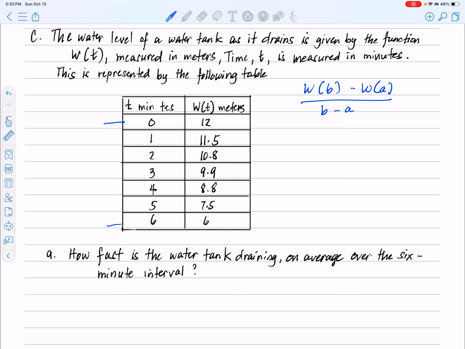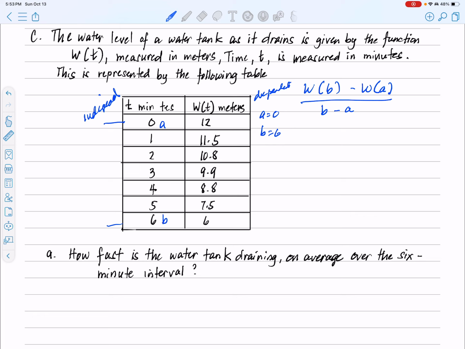This is time in minutes, the independent, and this is the dependent. So 6 is 0 to 6. That means my A is 0 and my B is 6.